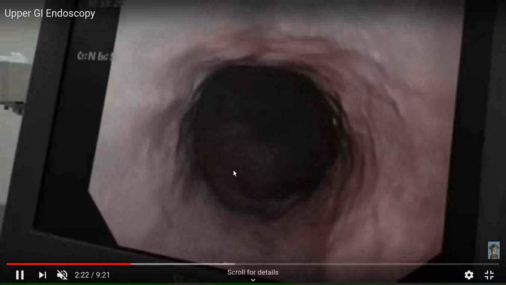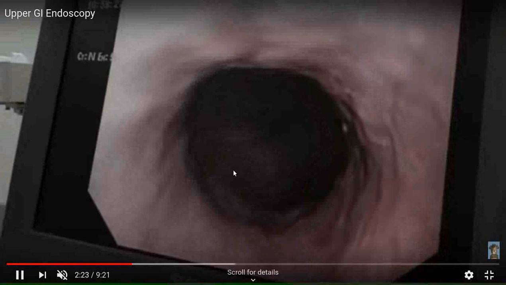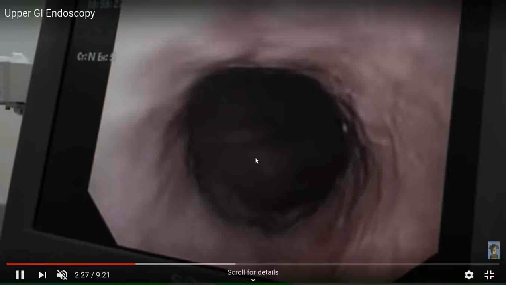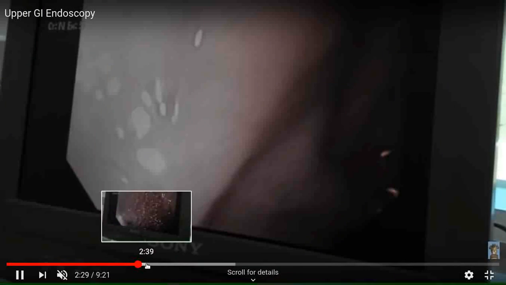As the scope is progressing, here you can visualize the GI tract. They have reached the epiglottis.